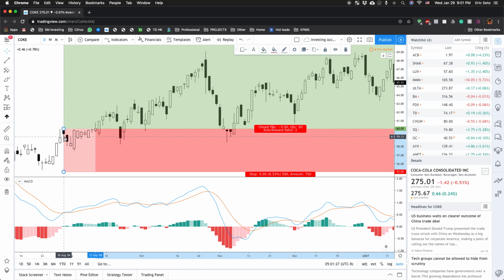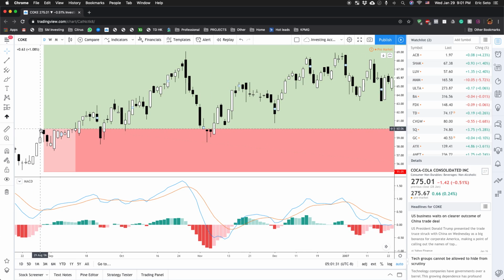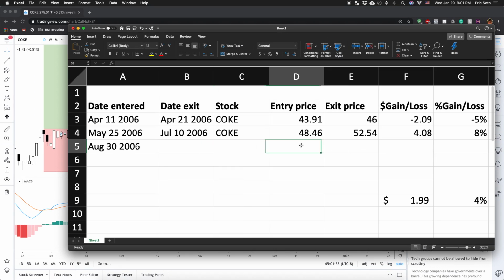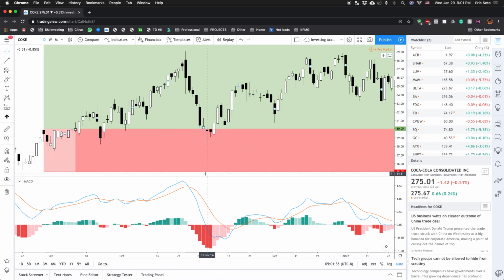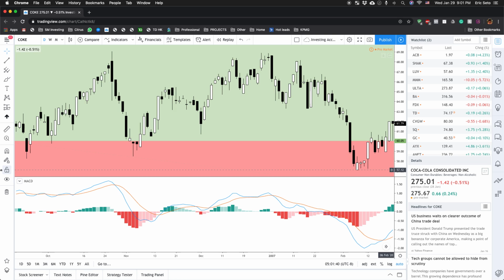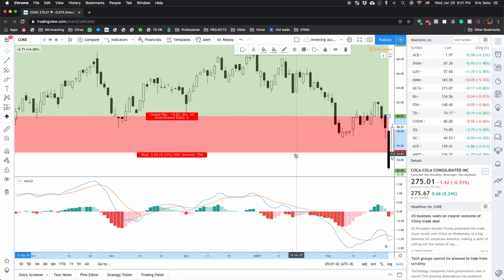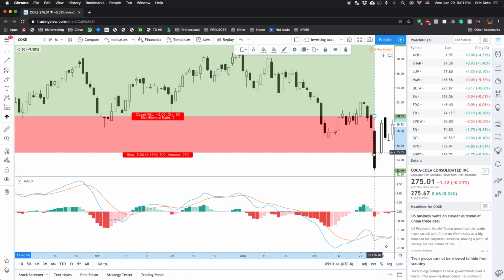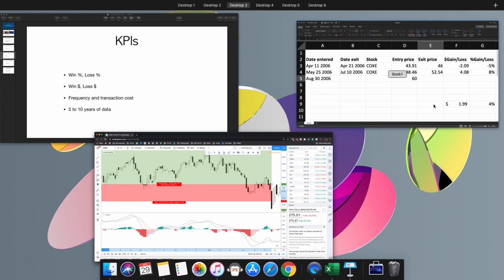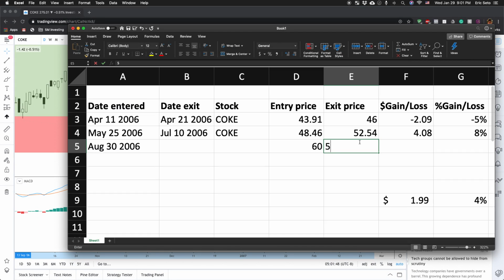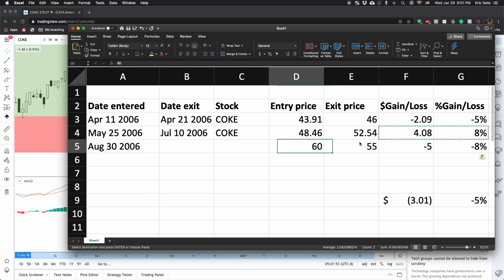So in this case, I entered at $60 right here. And then afterwards, I exited at $55. Okay, so in this case, my gain and loss is 8%.